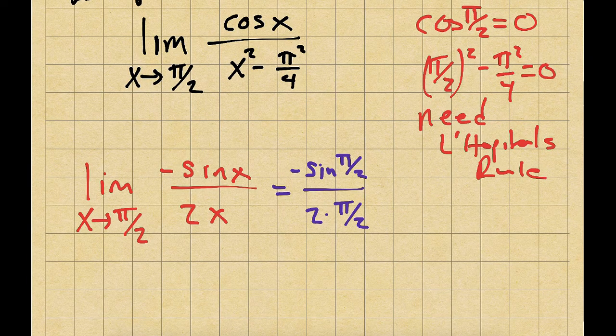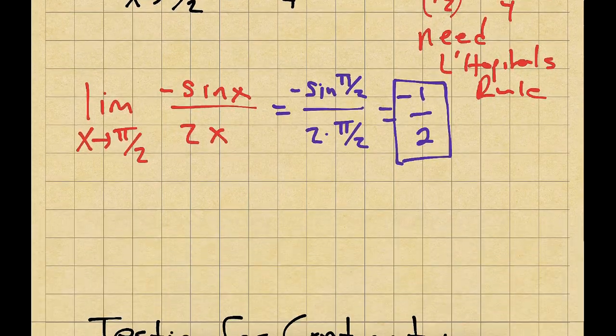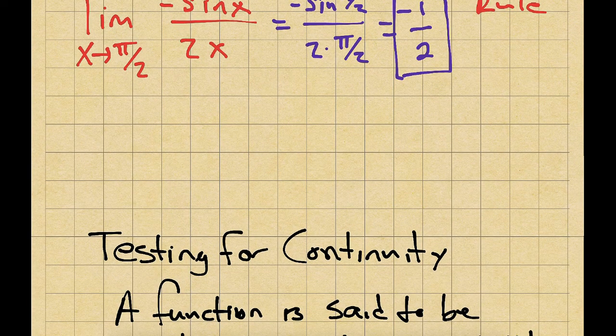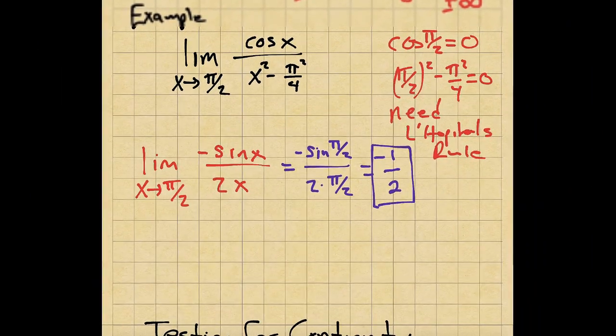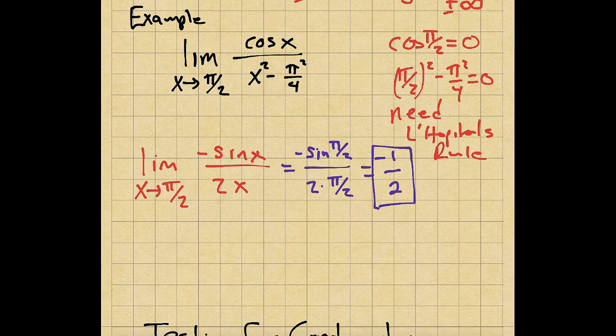The sine of pi over 2 is 1, so the top is -1, the bottom is pi, wait, the bottom is 2 times pi over 2, and that is our limit because of L'Hopital's rule. You'll have a few problems on the assignment that look like that. Let me back up and show you the whole problem, and then you can copy it down and take a look at it.